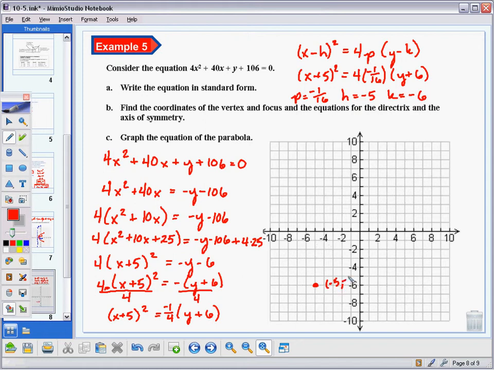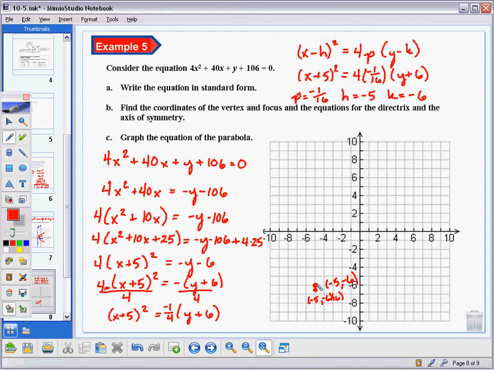Negative 5, negative 6. My p-value is negative 1/16, so I have to move a negative 1/16 vertically, because this is a vertically opening parabola because of the x squared. So a negative 1/16, that's going to be really difficult to draw, but I'll put it in there. So that's going to be at negative 5, negative 6 and 1/16.